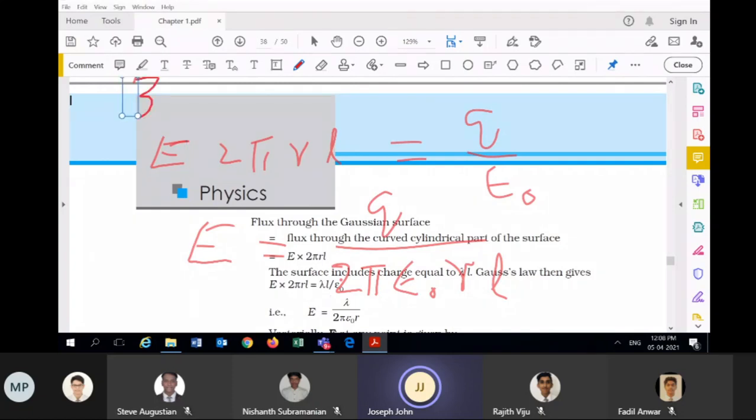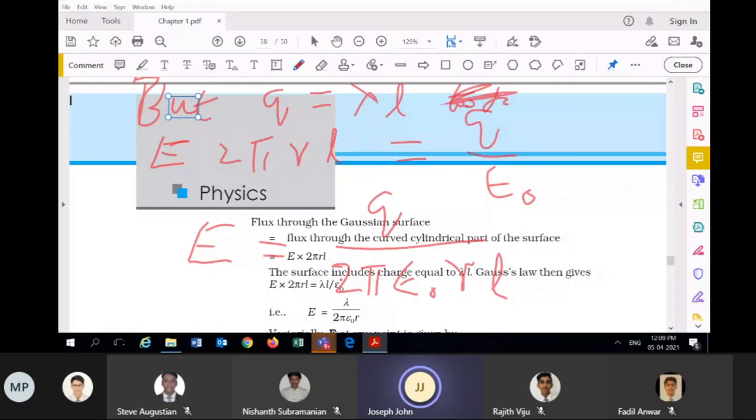But Q is equal to lambda L, total charge, okay?